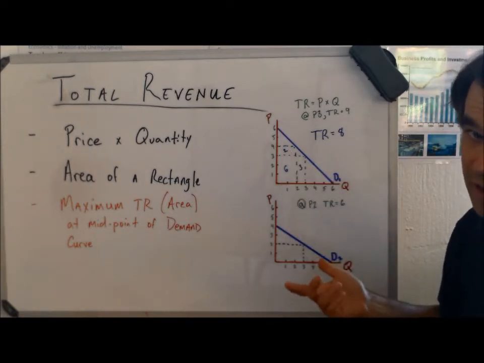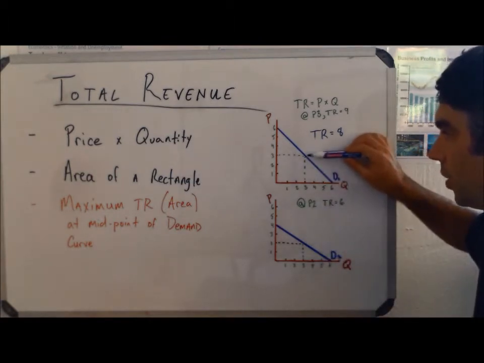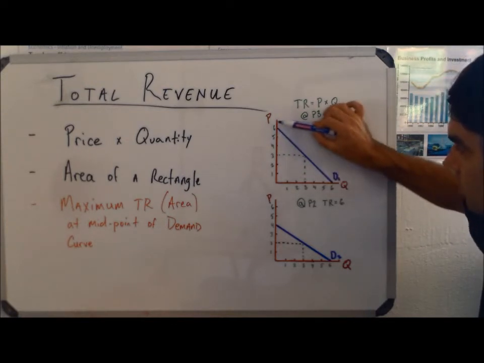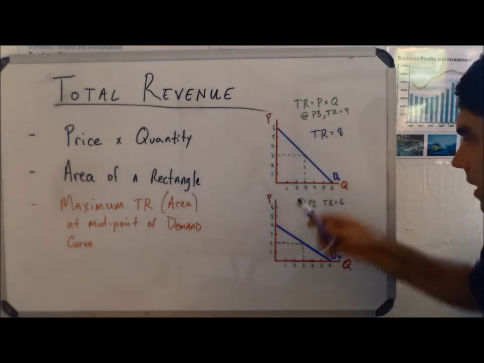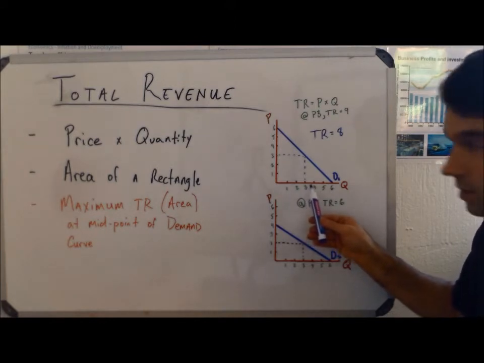Well, obviously that's not a very good deal. If you don't set your price at the middle point of the demand curve, and by middle point I mean the maximum point was 0 to 6, so 3 here is the midpoint, and it's also 0 to 6 there, so 3 is the midpoint there.